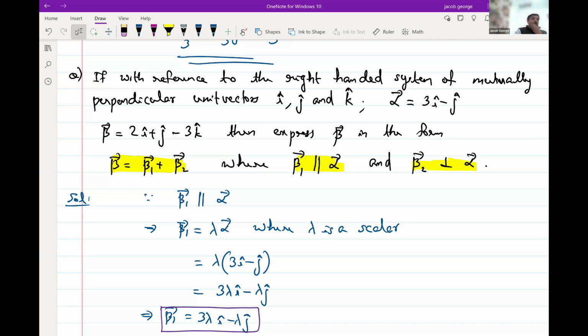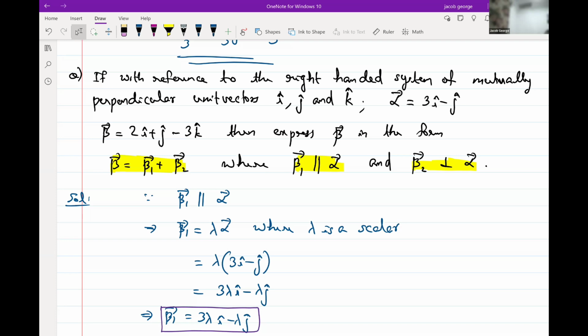Beta vector is beta 1 vector plus beta 2 vector, where beta 1 vector is parallel to alpha vector, beta 2 vector is perpendicular to alpha vector. Okay, this is our first system. Beta 1 vector is parallel to alpha vector.